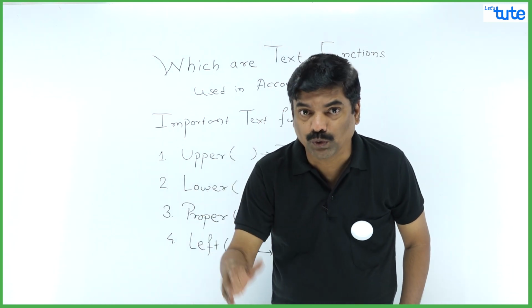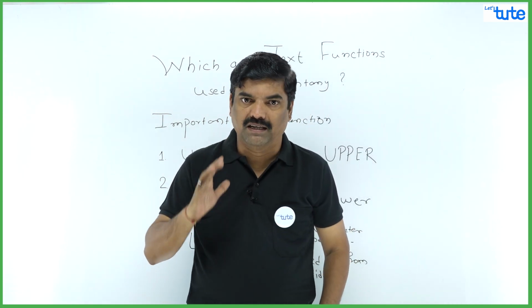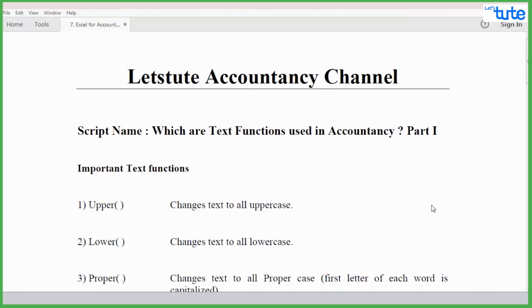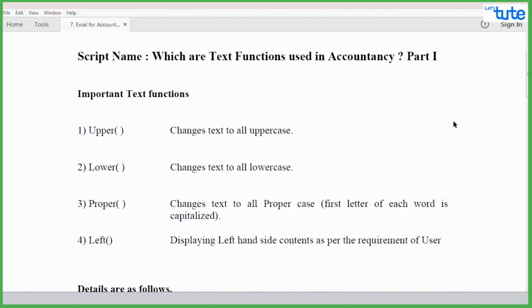So let's practice in Excel so that the concept will be clear and you will be a master in text functions. First Excel function is upper, second is lower, third is proper, and fourth is left. Now we will understand the meaning of the upper function.